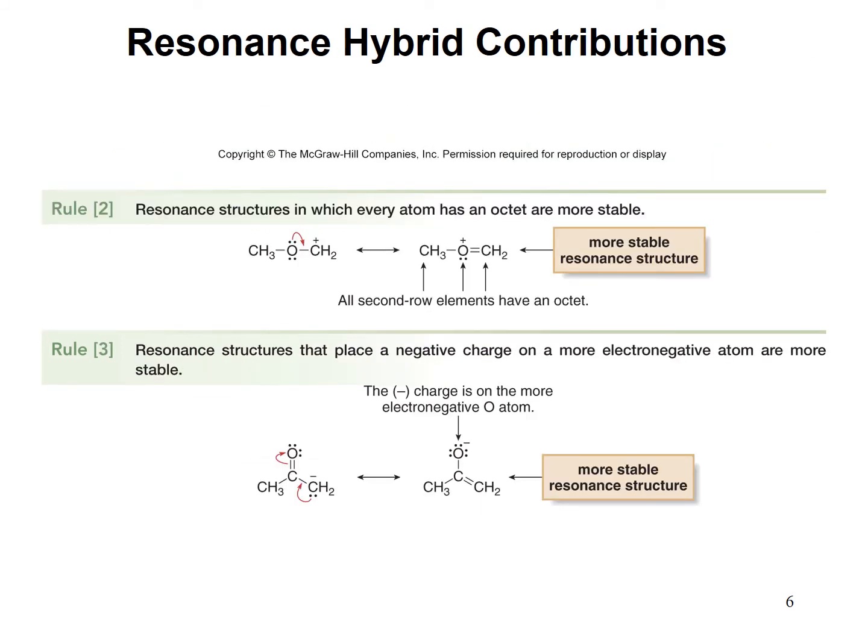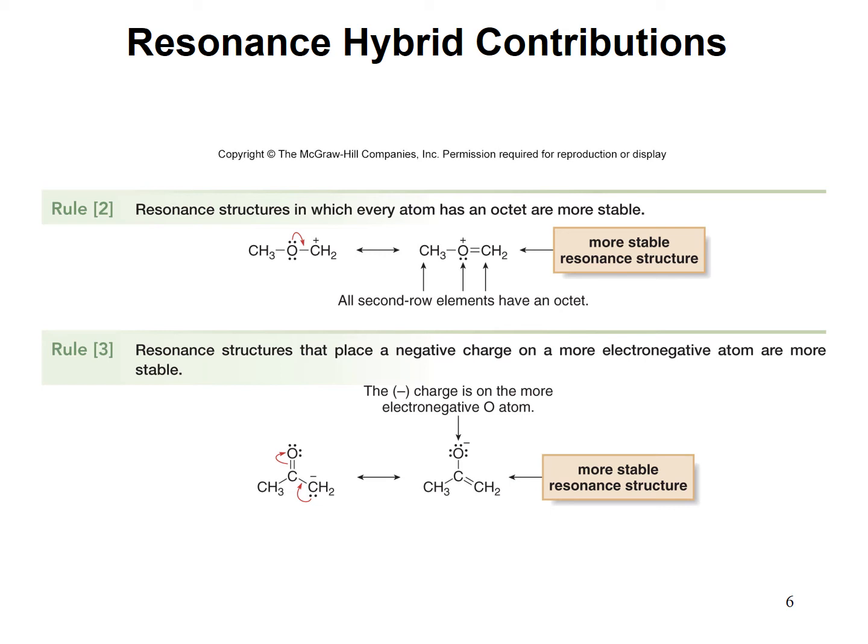Rule 2. Resonance structures in which every atom has an octet are more stable. If we have a situation in which we have a carbon that is deficient in its octet, but the oxygen, or some other heteroatom, can donate electron density, the more stable resonance structure will be the one that satisfies the octet of all the atoms.